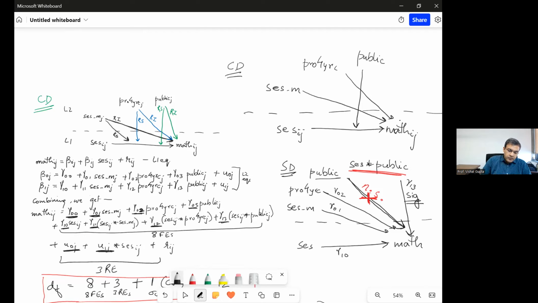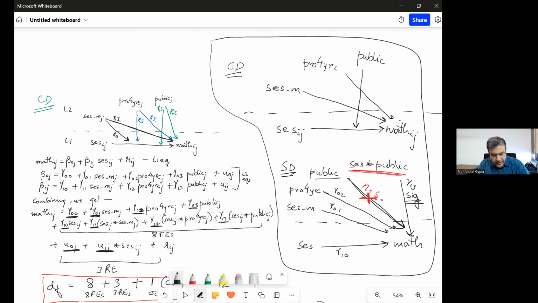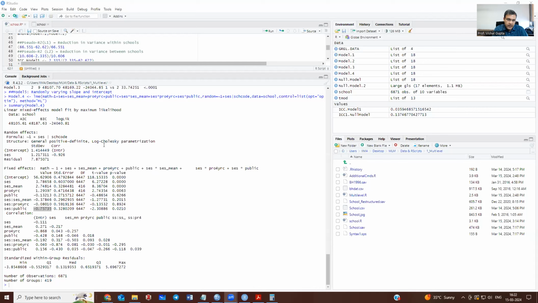This is moderating the path from SES to math, and that is the result that we are seeing. So you will have to draw these diagrams as well. Okay, you can draw these, and once you get these coefficients you can write it.